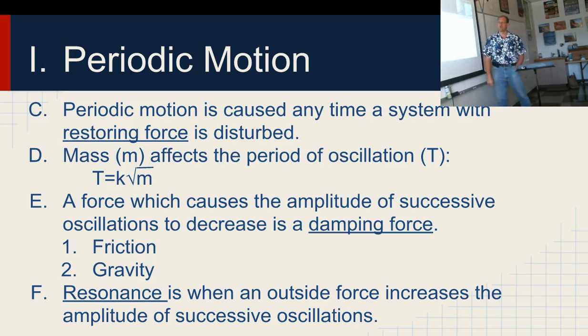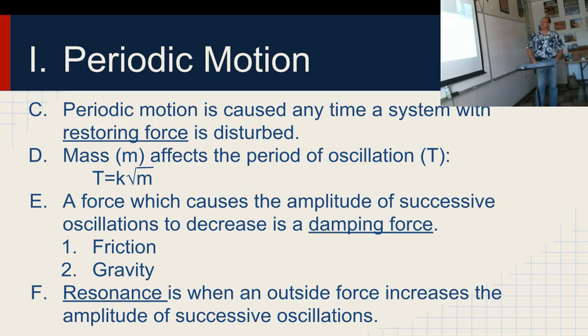And that is true for a spring sort of system, not for a pendulum. We'll get to a pendulum in a minute. But for a spring sort of oscillation, the amount of time it takes for the mass to go up and down is controlled by the spring constant times the square root of the mass. And the spring constant K is something that is different for every spring. You've got to measure what that is, and then you'll know it in the future.